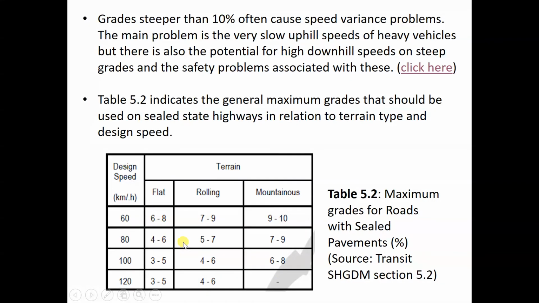The flat one will have the lowest gradient, the rolling one is intermediate, and the mountainous is higher. But in this case, we still limit the maximum grade to 10%. So the flat one goes up to 8%, the rolling one up to 9%, and the mountainous up to 10%.